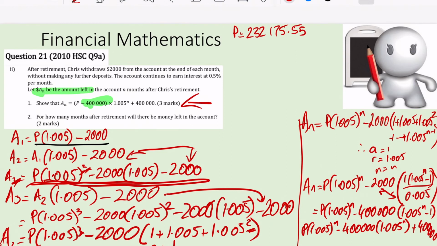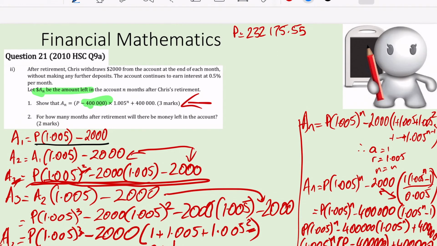Okay, take out 1.005^n as a factor. That will leave you with (P minus 400,000) times 1.005^n, plus the 400,000, which is exactly what was requested. Okay, that's it. You've done it.